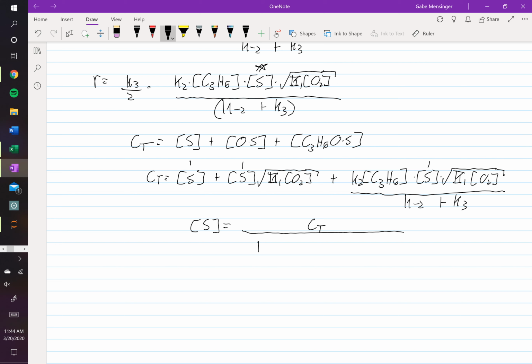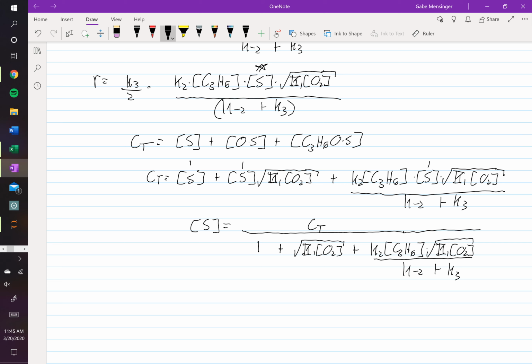So we got CT plus... so there's a concentration for S in terms of known quantities.